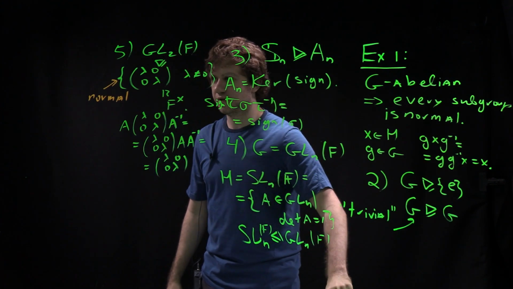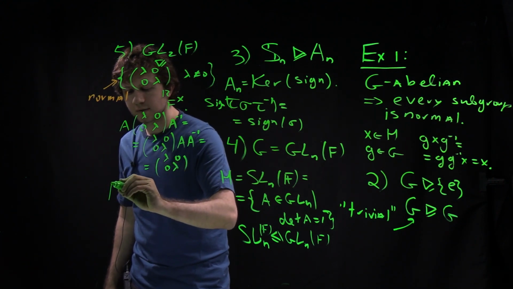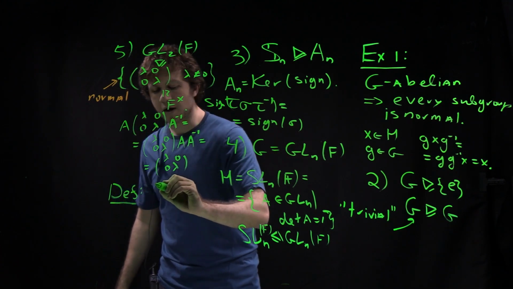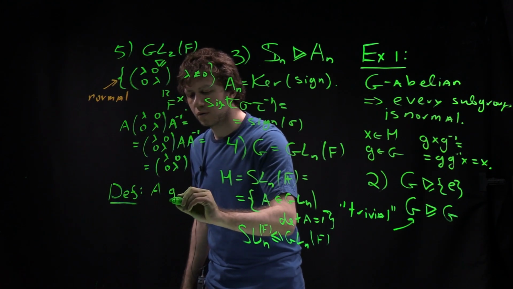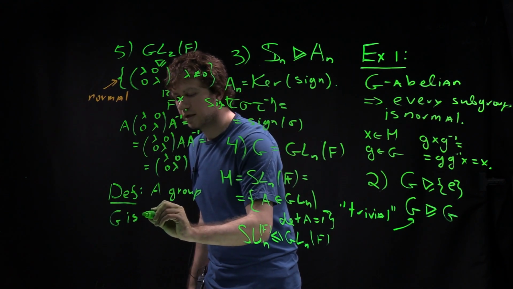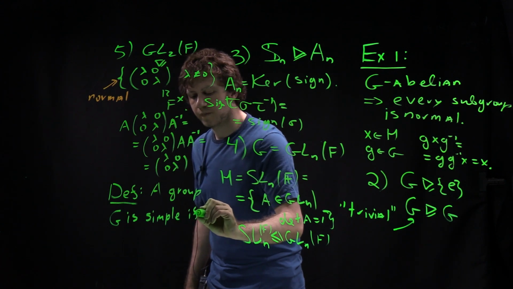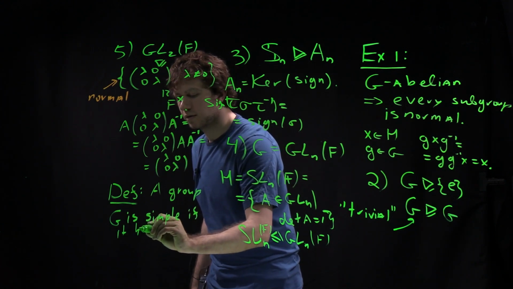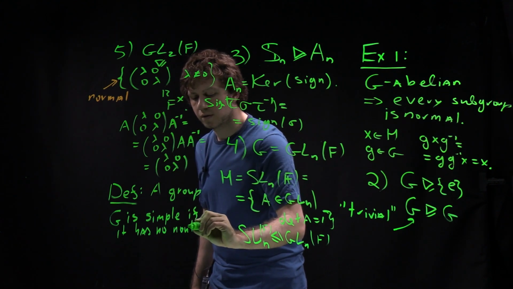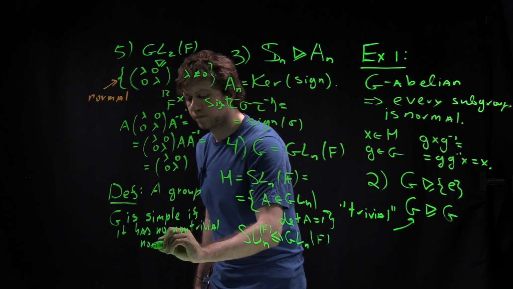Okay, so now let me give a definition, which is very important. A group G is simple if it has no non-trivial normal subgroups.